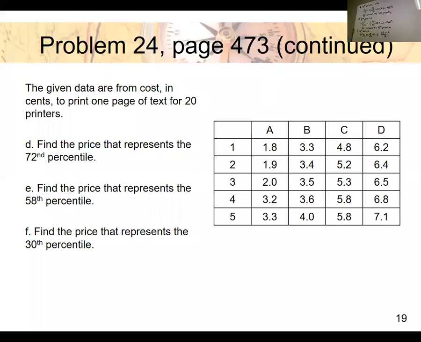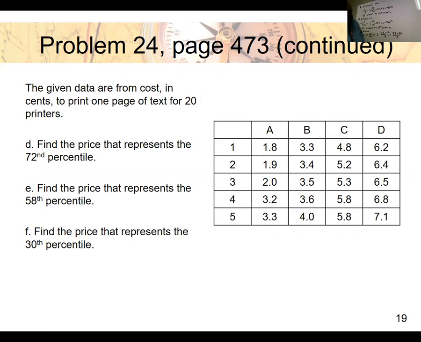So what would be the 6th number in that data set? Okay, the 6th is 3.3 and the 7th is 3.4. I'm going to divide by 2. Okay.